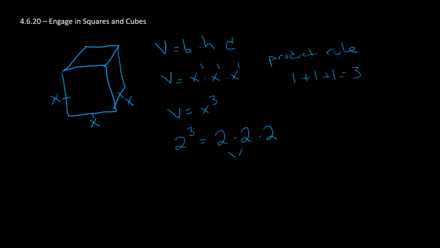Well, 2 times 2 gives us 4, times the 2 that we bring down here gives us 8. If we talked about 3 cubed, that would be 3 times 3 times 3. We know that 3 times 3 is 9, times the 3 that we bring down here gives us 27.